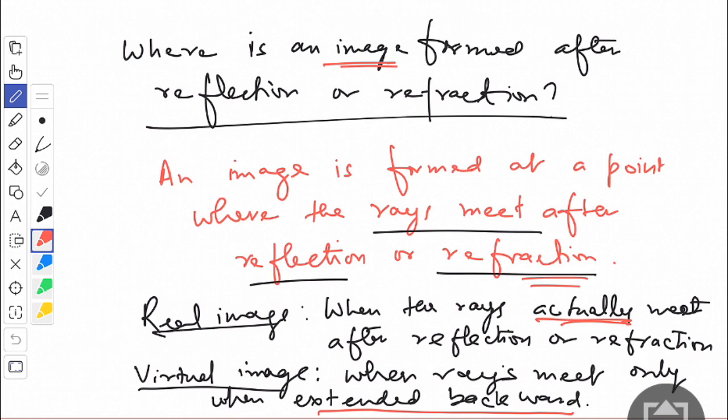In a camera, the same thing happens. From all the points of my face, or whatever is in front of the camera, all the light coming from there converges at a point inside the camera. That is how the image is produced. So essentially, an image is where all the rays of light from a point meet at a point. That point is called the image. Let me know, Gauri, if this is clear. If it's not, I can explain.